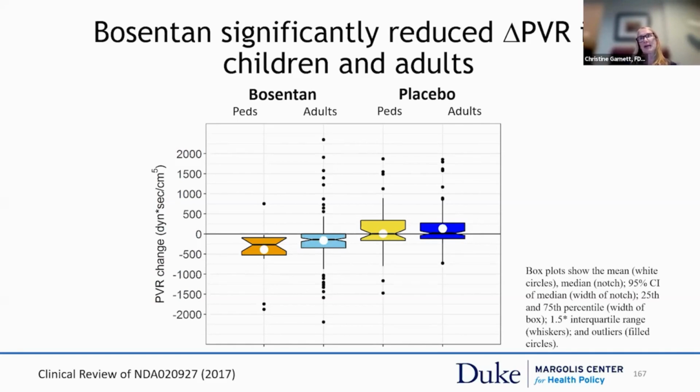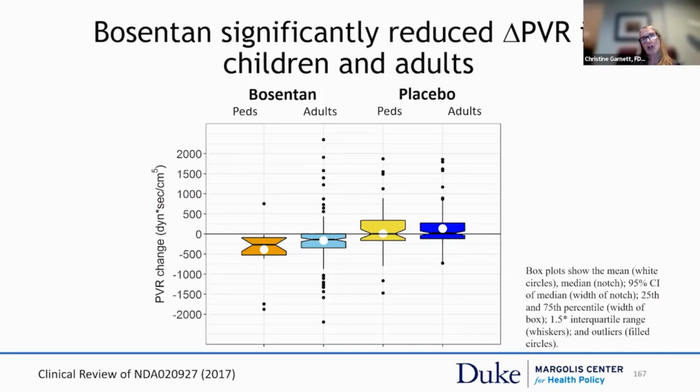They did collect some exercise capacity endpoints, but it really didn't show any improvements in exercise, but that's not unexpected because the study was so small. But there were improvements in the majority of the hemodynamic measures, including PVR. Now, Bosentan significantly reduced PVR, and that's shown in these box plots on this slide.